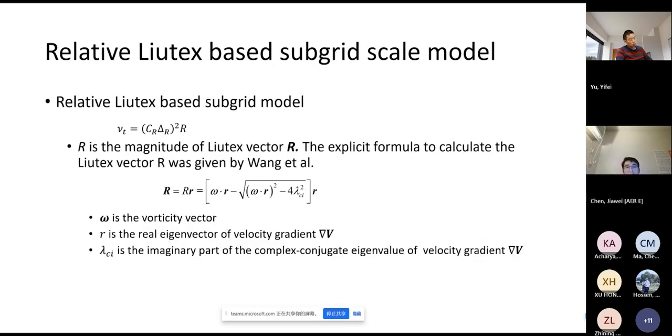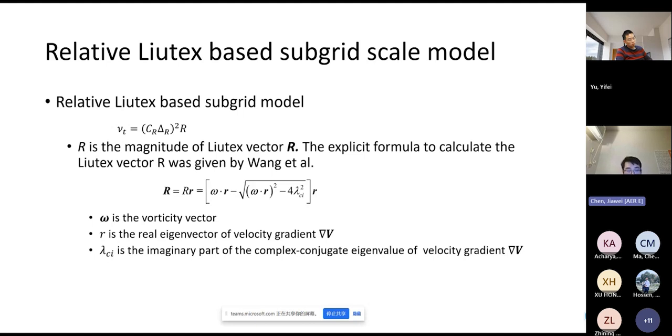This slide shows our relative Liutex-based subgrid model. Our contribution extends this framework to what we call the relative Liutex-based subgrid model. The key difference is in how we calculate the model coefficient and the length scale. We use this explicit formula developed by Wang, which incorporates three key flow features.